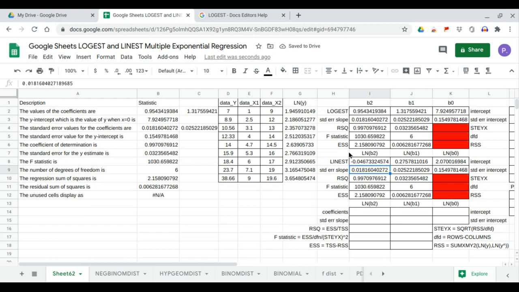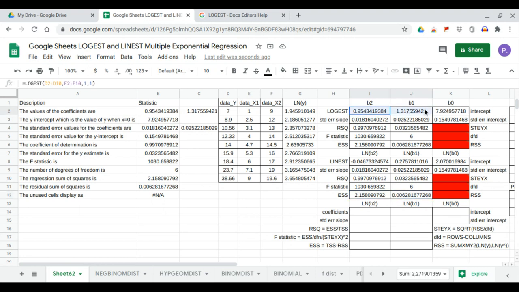You'll notice the standard error values of the slope and intercept are the same. R squared and STAY-X are the same. F statistics are the same. And the degrees of freedom, regression sum of squares and residual sum of squares are the same.